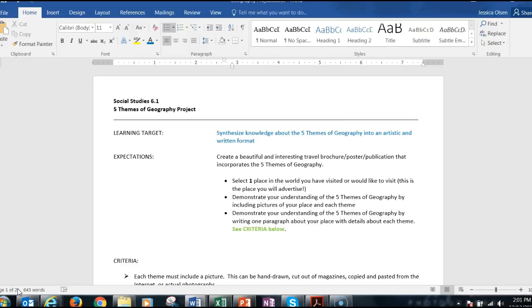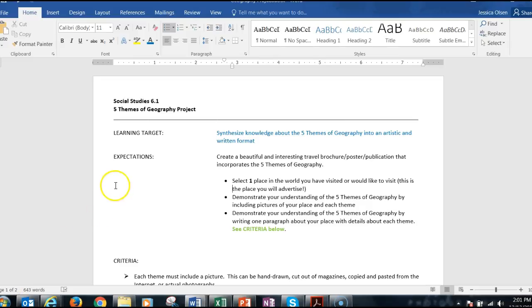You are going to either be creating your own graphics or pictures or finding your own to apply to each theme of geography. And you're also going to be doing your own research on whatever place you choose, okay? So that's a little bit about the word synthesize.